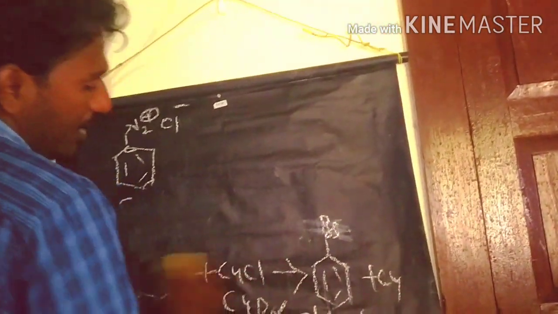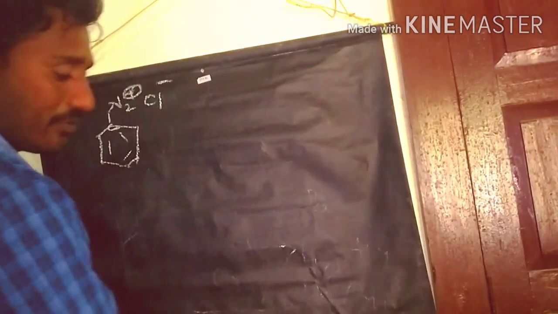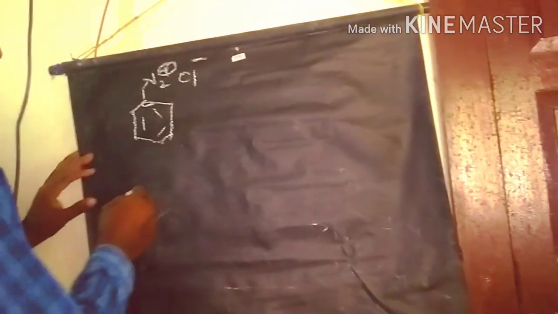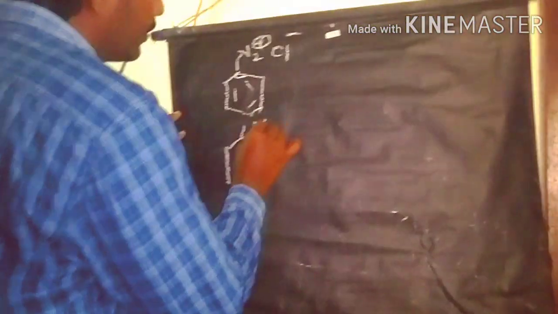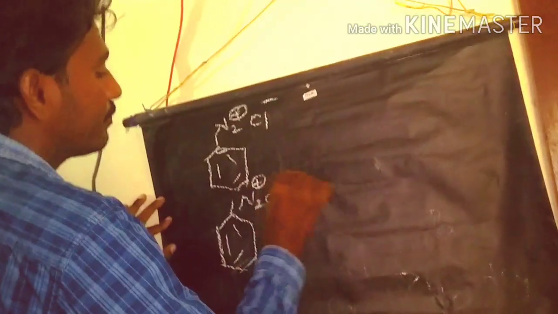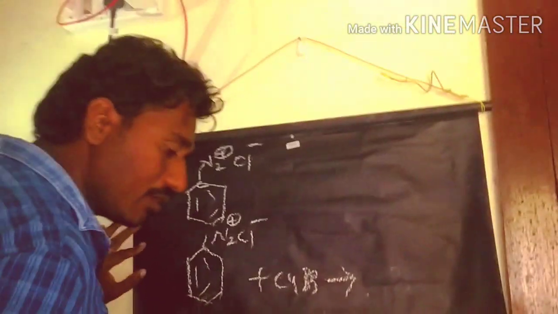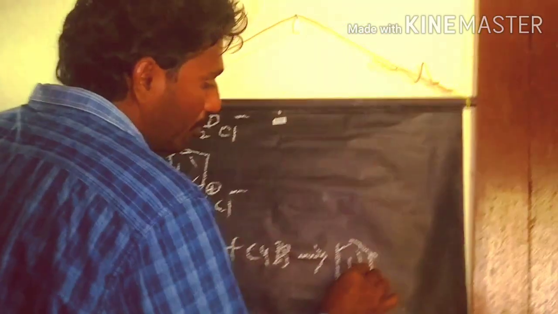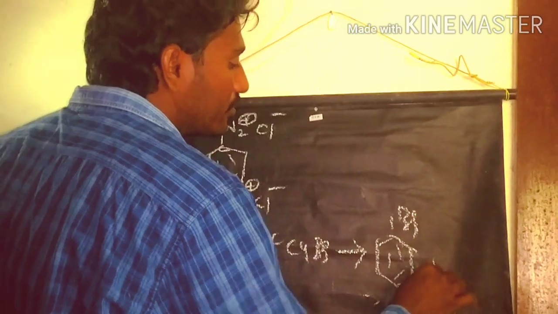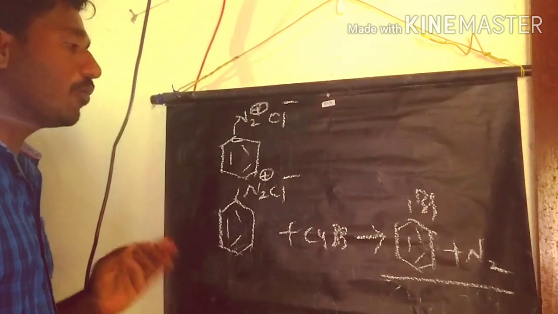In this way we prepare many aryl halogen compounds, aryl halides. So this is the reaction with copper bromide to prepare bromobenzene.